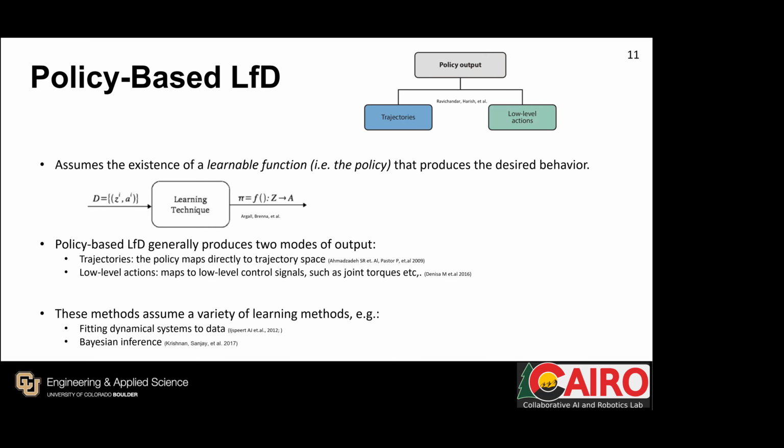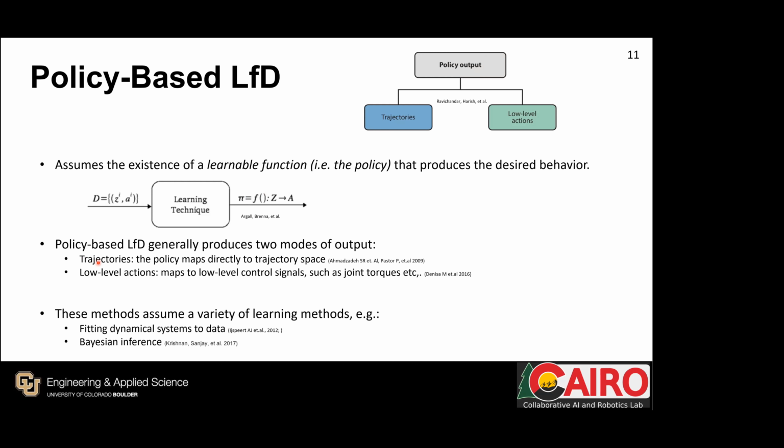Policy-based learning from demonstration assumes the existence of a learnable function, i.e. the policy, that produces the desired behavior. Essentially, given a set of demonstration data and whatever learning technique you employ, you are trying to learn some function that produces your desired action. There are generally two modes of output in policy-based learning from demonstration.